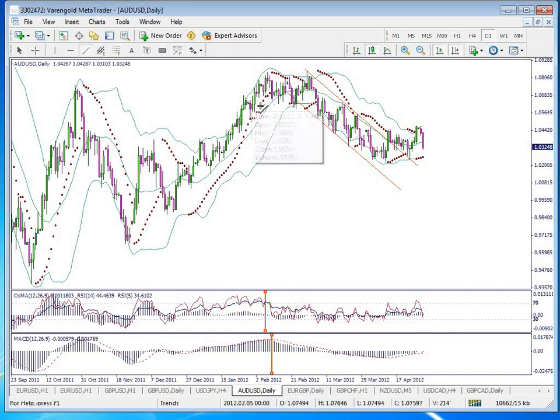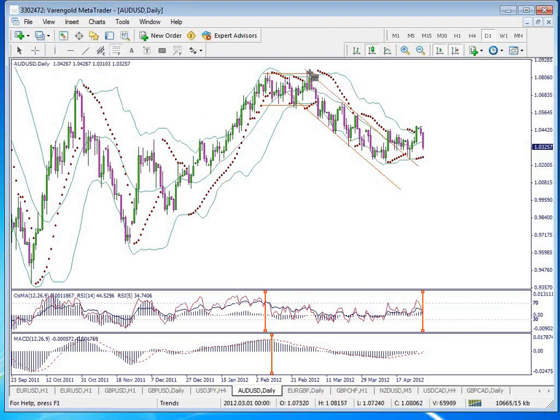And after that period when the pair was making a range, it started a downtrend. Now, there was one other period of something like a range for the pair. But now we can see that we have a signal for sell on daily.